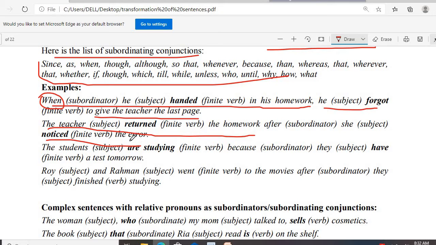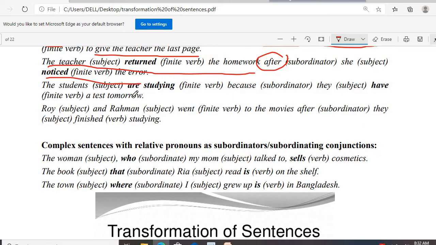So one subordinate clause and one principal clause have been joined together with the subordinating conjunction after. Here, the students are studying because they have a test tomorrow. The students are studying, this is the principal clause. Because they have a test tomorrow, this is a subordinate clause.